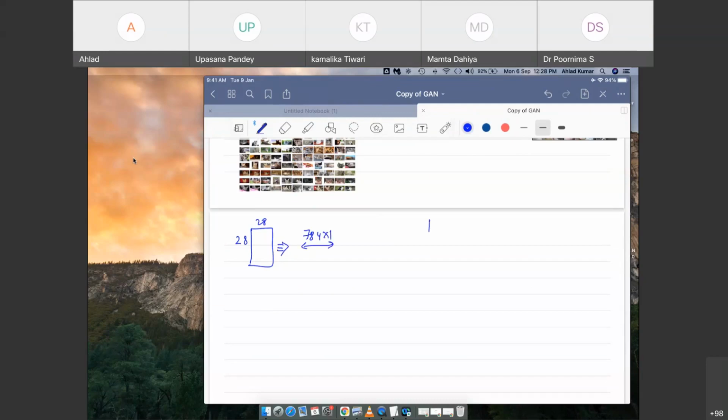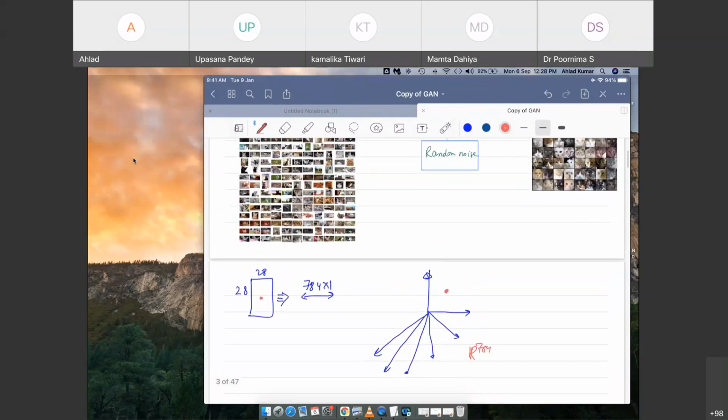Let us say I have a high dimensional space of dimension 784. Each of these images, for example this particular image, will be represented as a point here. That 28 cross 28 image becomes a vector, which is a point in the 784-dimensional space.